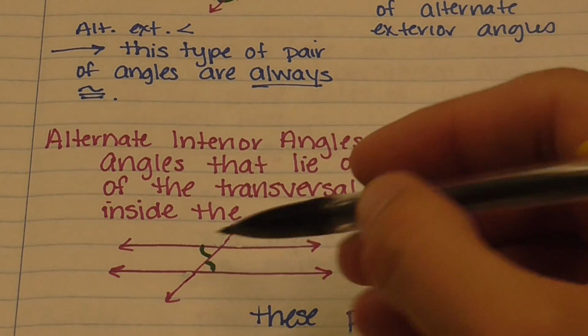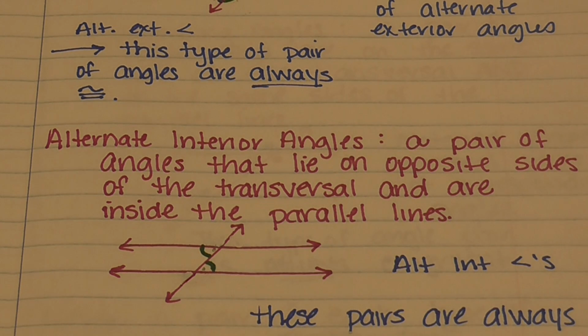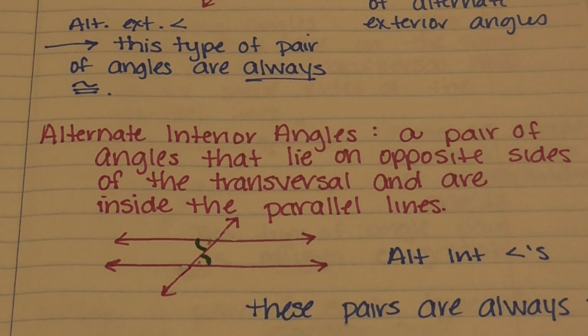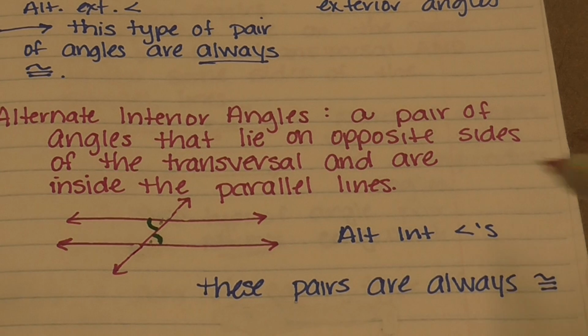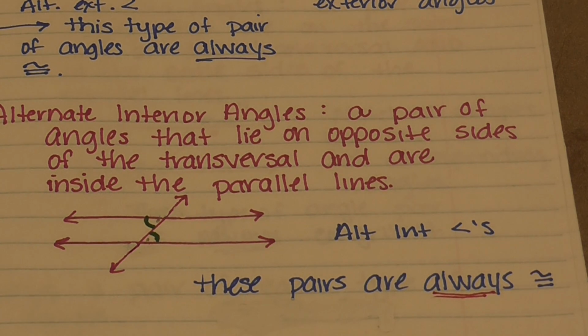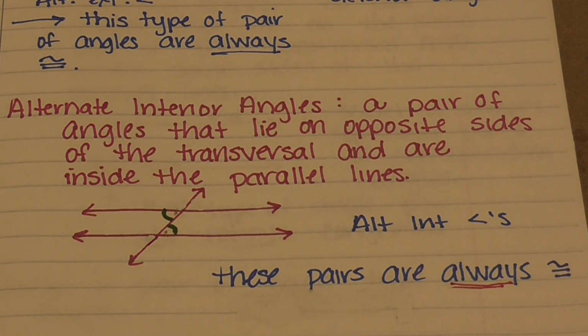So this angle right here and this angle right here are alternate interior angles. These pairs are also always, and I'm going to underline that, always congruent. Alternate angles, whether they are interior or exterior, are congruent.